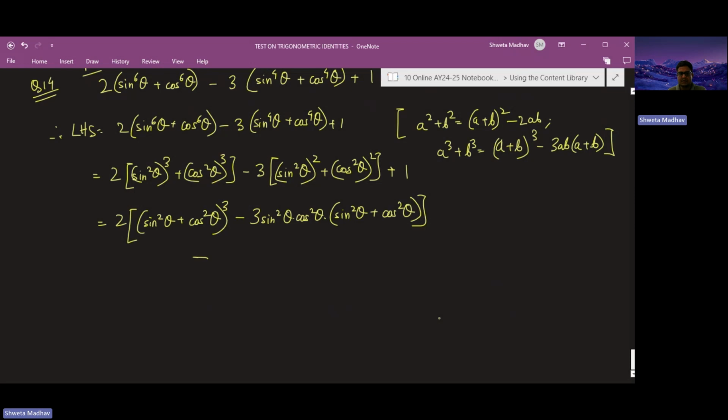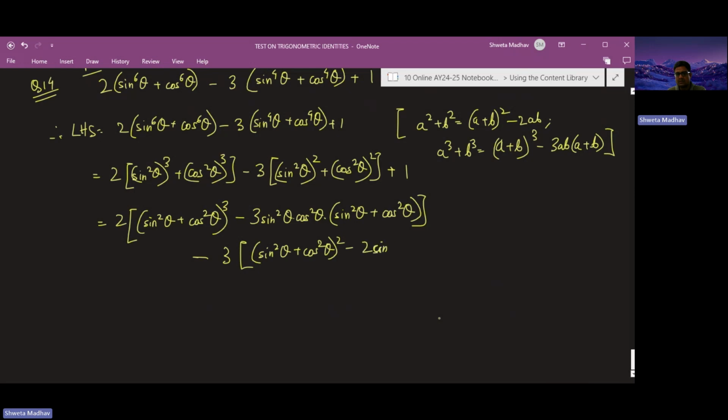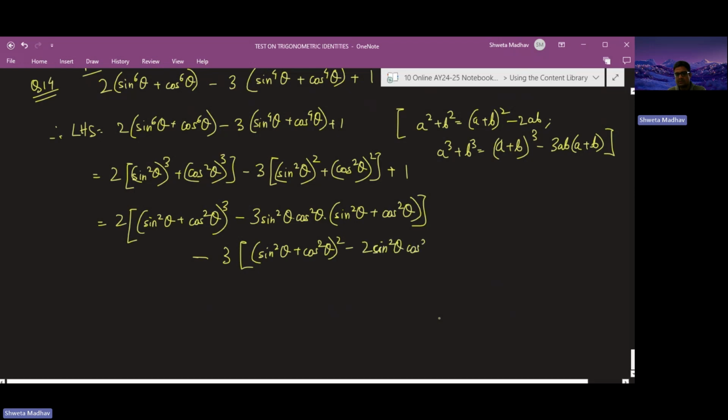Then minus 3 into a square plus b square. Since sine square theta is a and cos square theta is b, a square plus b square will be a plus b whole square minus 2ab, so sine square theta plus cos square theta whole square minus 2 sine square theta into cos square theta, plus 1.